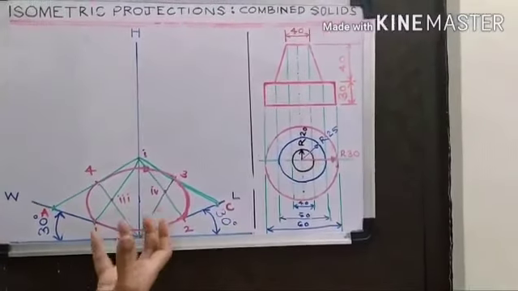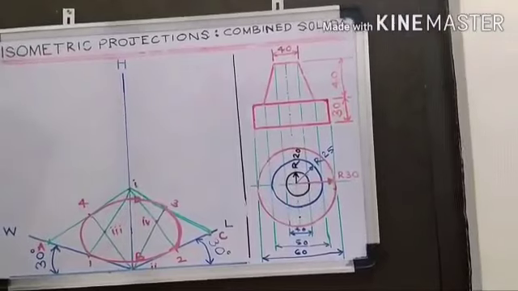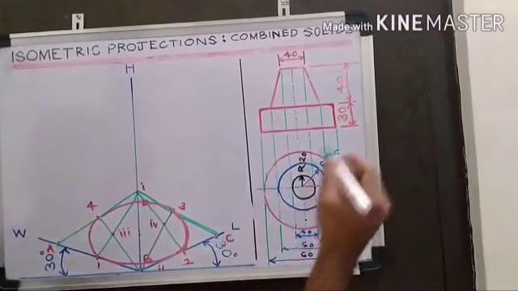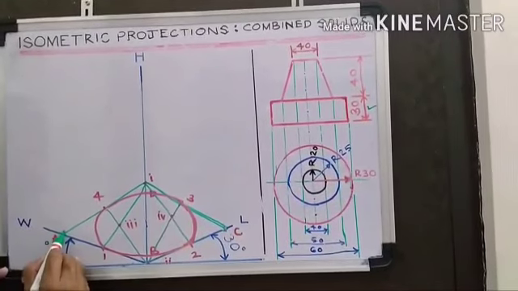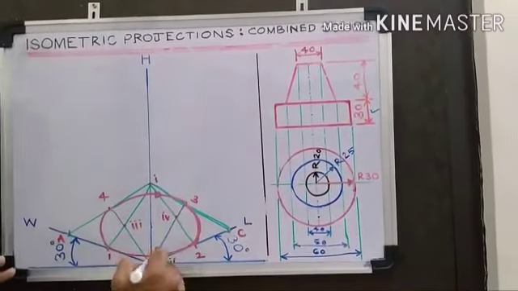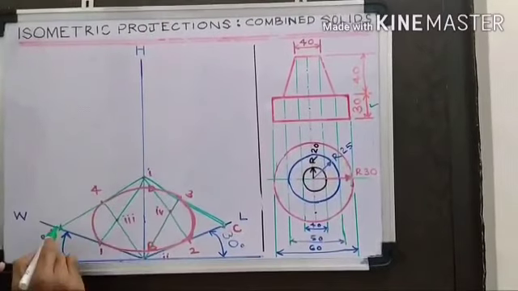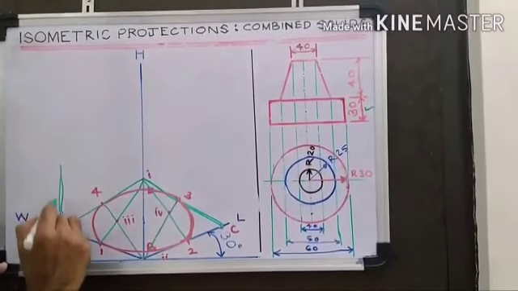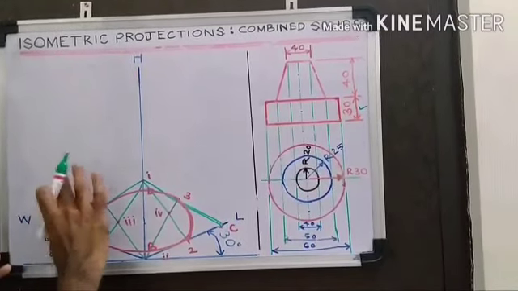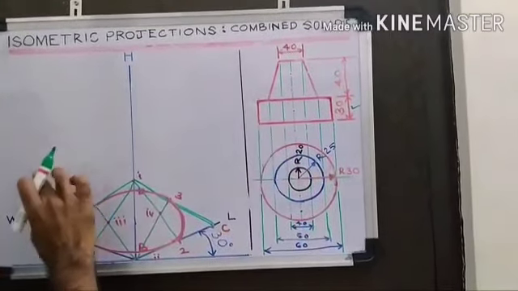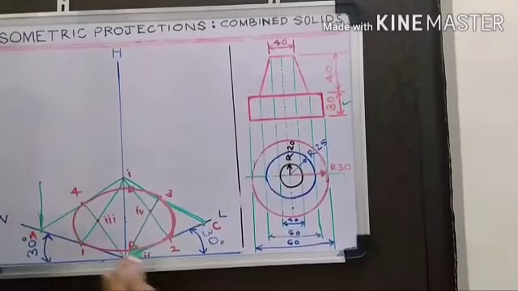After getting the base of the cylinder, now what is its height? See, 30 units. From A, draw a line parallel to BH. This is 30. I am considering 30 units.